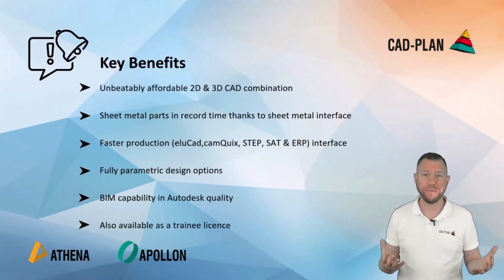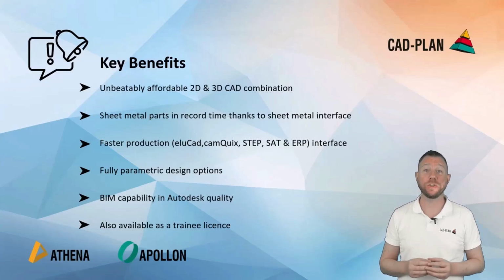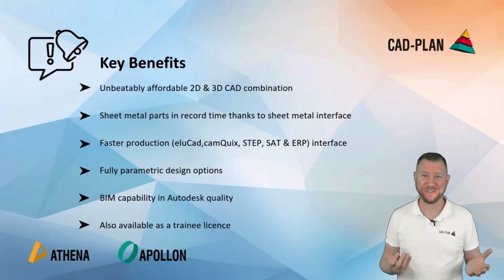At the same time, the CAD Complete Collection offers BIM compatibility within the Autodesk environment, supporting modern and fully integrated planning workflows. Another decisive benefit is the high quality of the overall solution. And the system also supports education and training, as the CAD Complete Collection is available as an educational license.